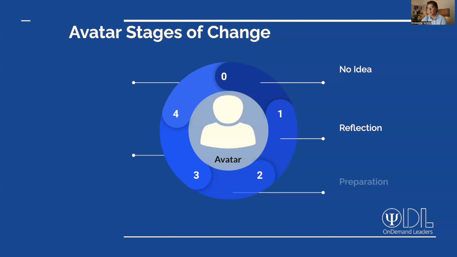And that brings us to a third stage, which is preparation. So that ideal buyer, that ideal avatar, there's something that has happened from reflection now into preparation, where they have said, yes, we do identify that there's something here internally. And now let's figure out how we would solve it if we're to solve it.